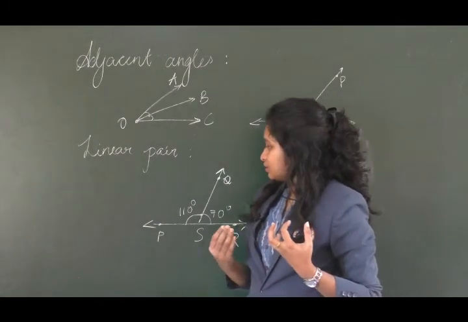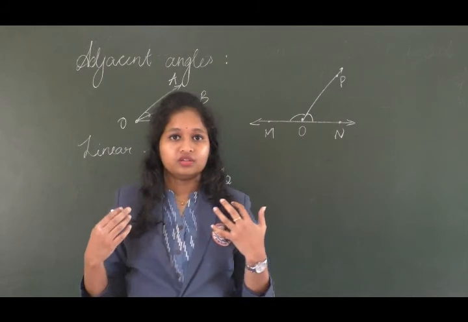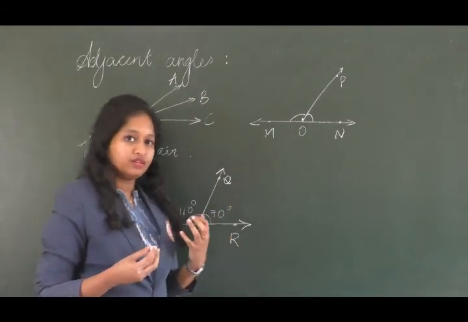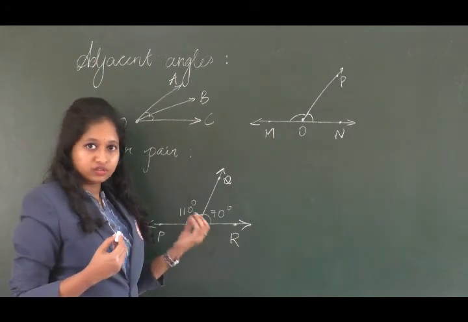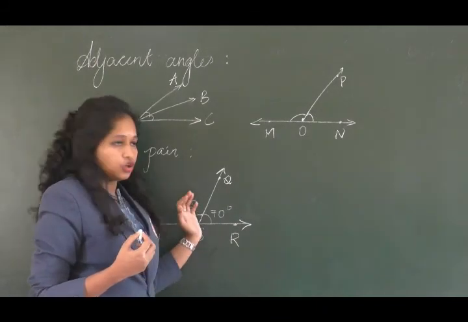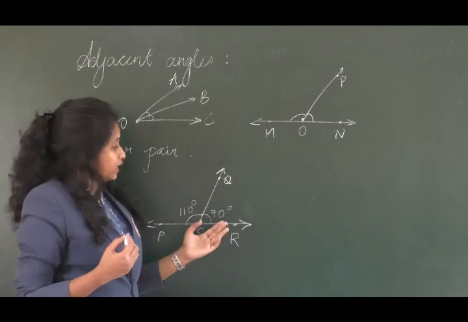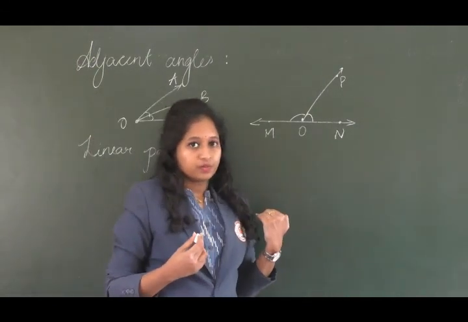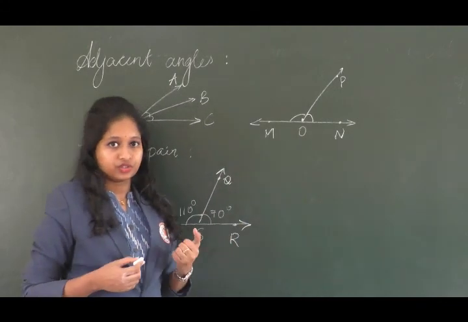Two angles are said to be a linear pair when we have a common vertex, a common arm, and the other two arms lie in the opposite direction.